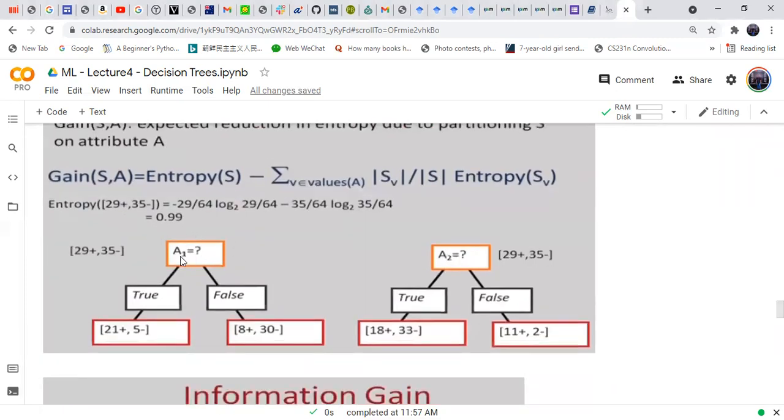So we calculate the entropy for attribute A1 and entropy for attribute A2, where attribute A1 has a parent node of 29 positive examples and 35 negative examples, and a child node of 21 positive examples and 5 negative examples, and likewise.